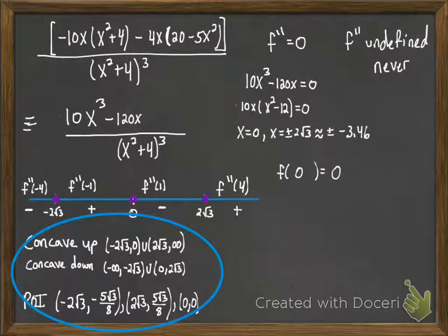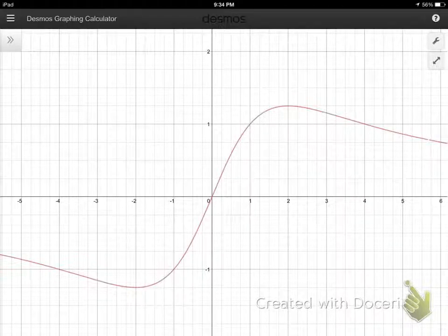Let's take a look at the graph of our function. I've highlighted here in red those places where the graph is concave down. Now it's a little hard to see on the tail end there.